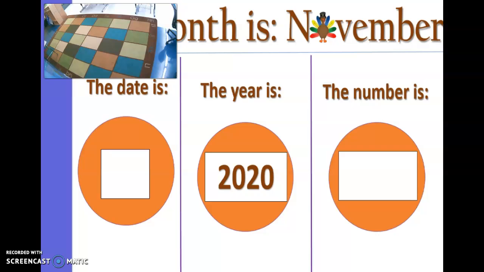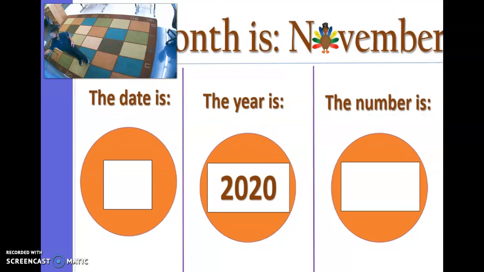Kyrie, the camera is on. Do you want them to see you? You want them to see you doing the right thing. Come on, Kyrie, you can do it. We're waiting on Van to circle November before we can go on. Come on, Van, circle November.